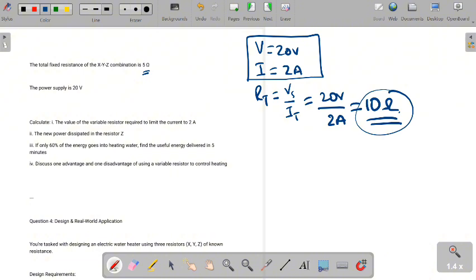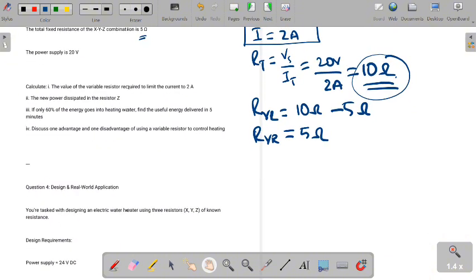That means the variable resistor should be equal to 10 ohms minus 5 ohms contributed by the fixed resistance. That will be 5 ohms. That's what the variable resistor would need to contribute. That's what we'll need to set it to limit the current to 2 amperes. I hope that makes sense.